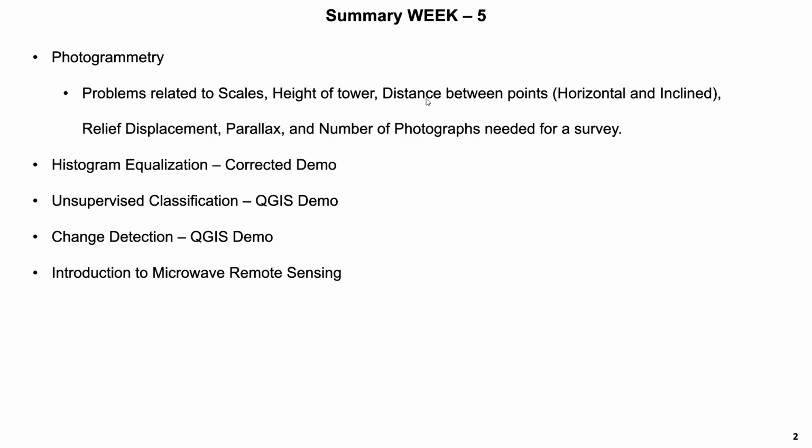Then, if there is a parallax in the image, by using the parallax, how can we estimate how much the point has moved, or we can also estimate the height of the tower as well, and we can also estimate the distance between 2 points, and if the terrain is undulated, how to estimate the distance, then number of photographs that are necessary to complete an aerial survey, and histogram equalization.